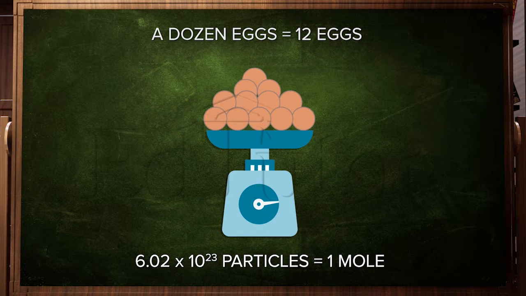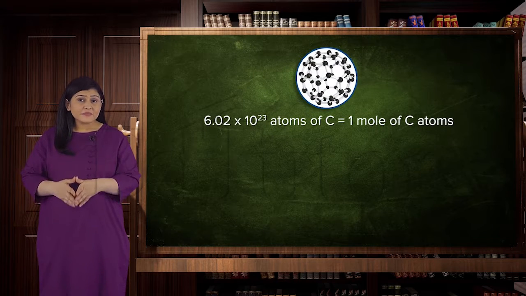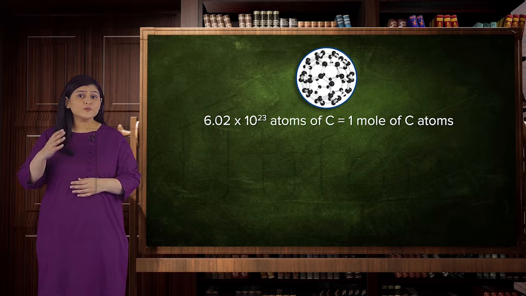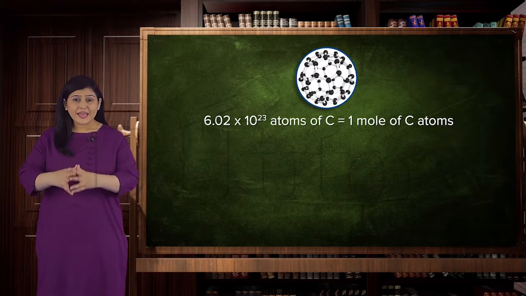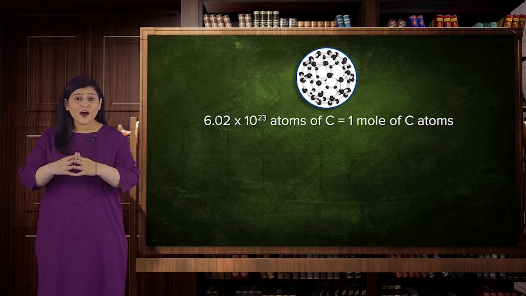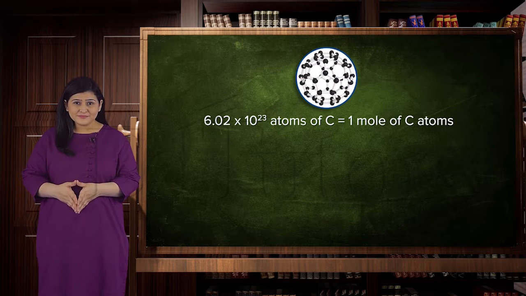I am going to give you a few examples to help you understand the link between Avogadro's number and 1 mole of a substance. So if I say 6.02 × 10^23 carbon atoms, it means it is equivalent to 1 mole of carbon atoms, right?